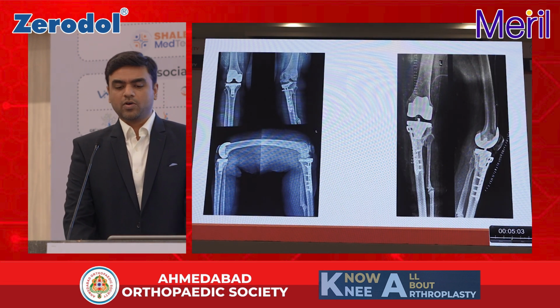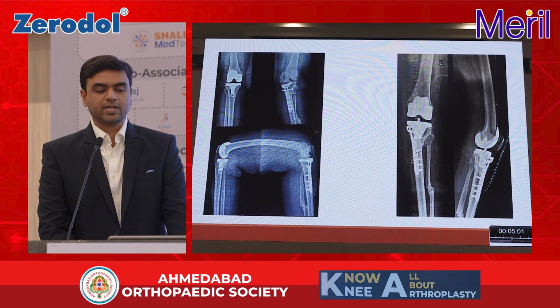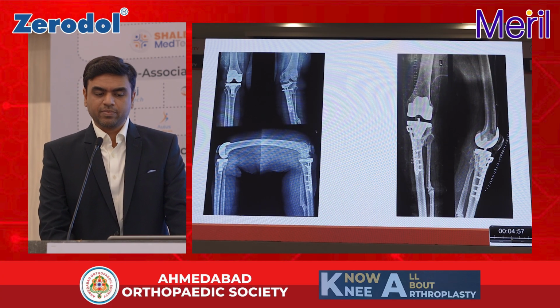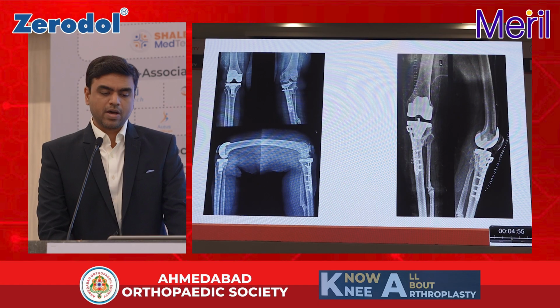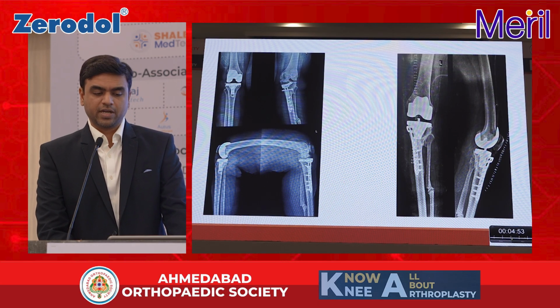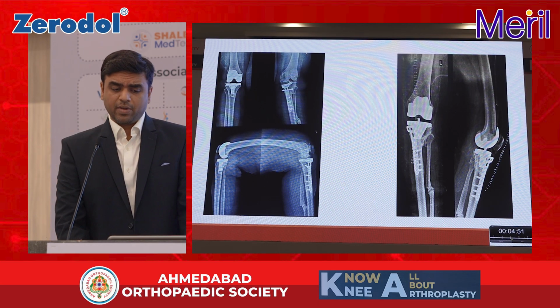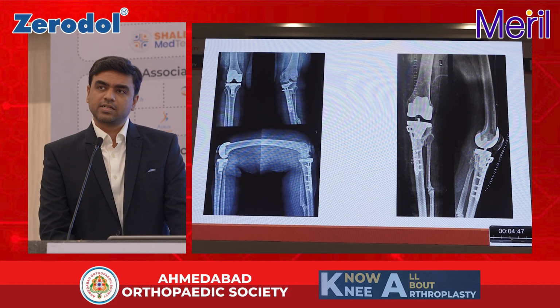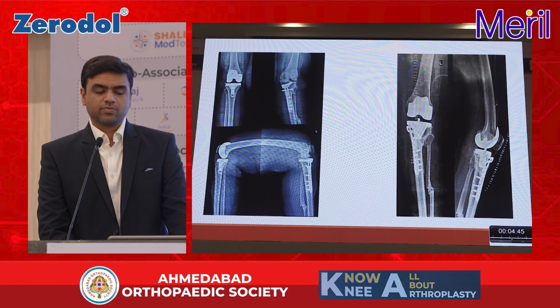This is a couple of cases where previous hardware was there by a high tibial osteotomy, and conventional primary knee was done. But on radiological and clinical outcomes, the results were not as good as one would expect from a straightforward knee.